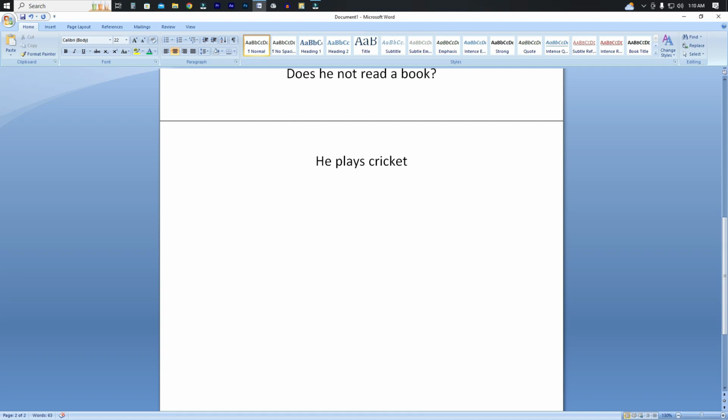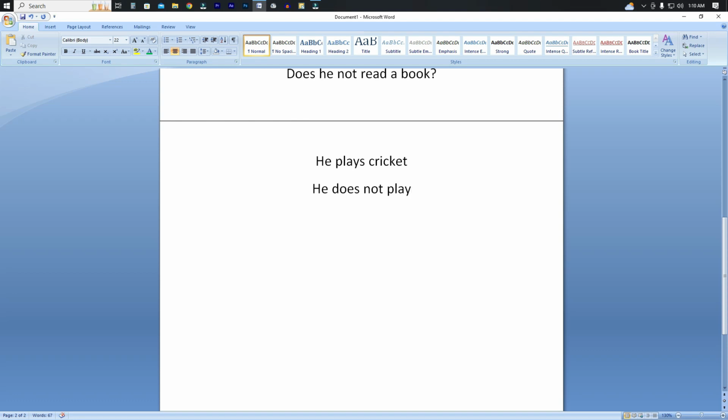If we write the negative sentence of this sentence, then we have to add the auxiliary verb do or does, because this sentence is in simple present tense. So he takes does, and does takes not, and the other part of the sentence, the verb and object, cricket.